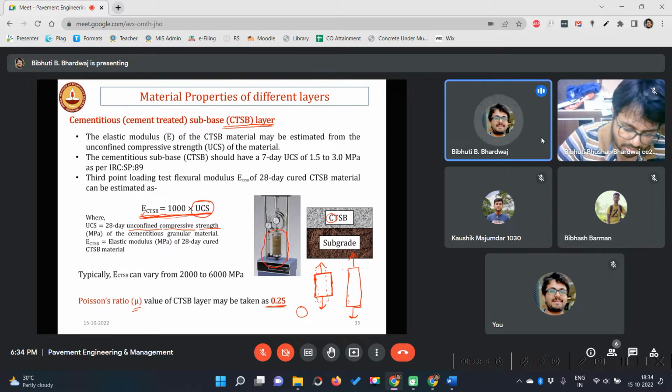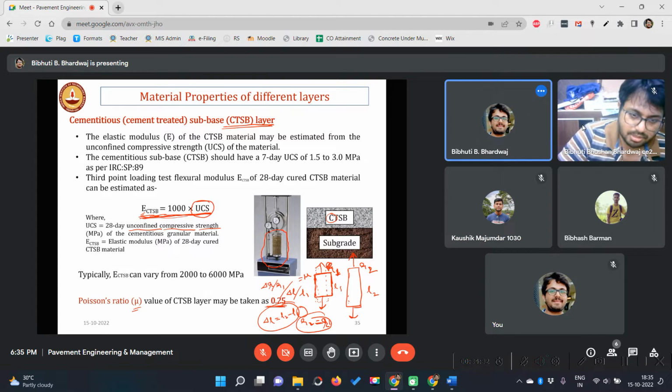Earlier the radius of this section was say R1, now it is R2, and the length was say L1, now it's L2, the length is increased. So this Poisson's ratio is nothing but delta R by R1 divided by delta L by L1. This is your Poisson's ratio. What is delta R? Basically R2 minus R1. And delta L is L2 minus L1.